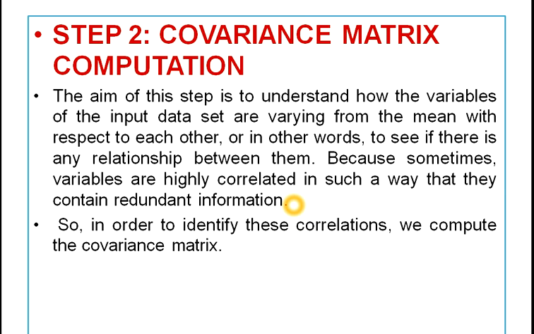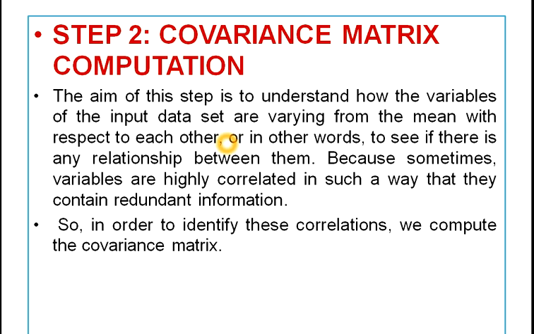Then step 2 is covariance matrix computation. The aim of this step is to understand how the variables of the input dataset are varying from the mean with respect to each other, or in other words, to see if there is any relationship between them.